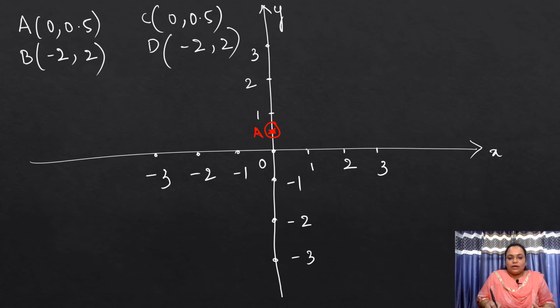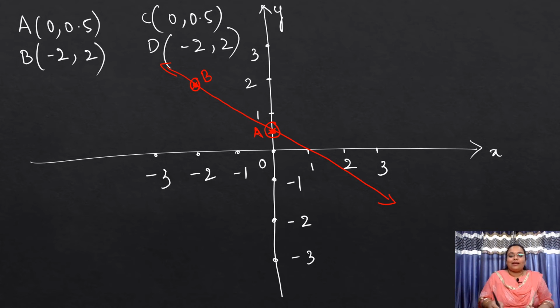Minus 2 on the x-axis and 2 on the y-axis, which is here, right? If I join these 2 points, you will get something like this. Correct? This is your point B.